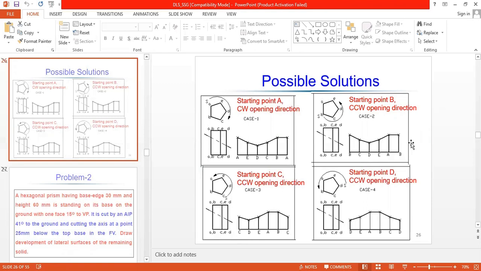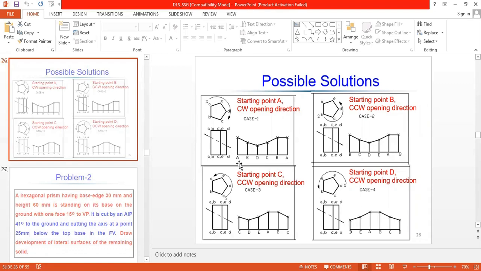You can see in this problem a pentagonal prism is given, and in these four cases, the opening of the development of the solid is different.